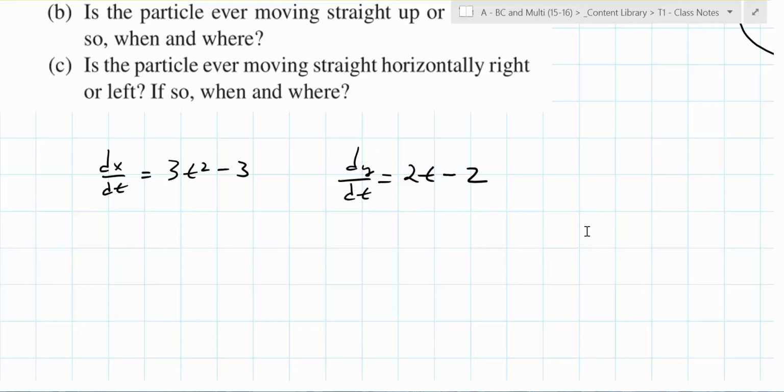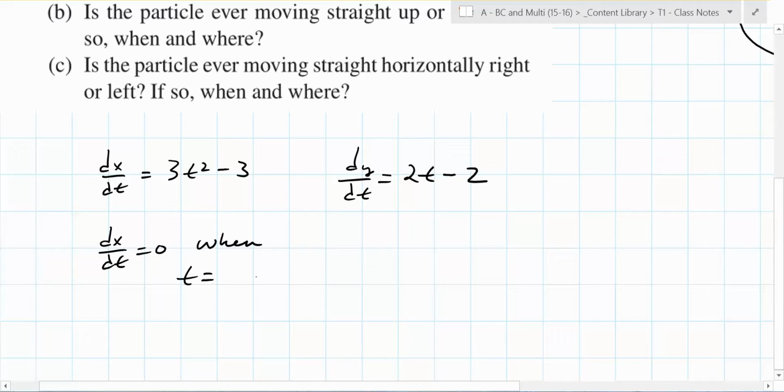Exactly. So dx dt equals 0 when t equals 1 or negative 1.